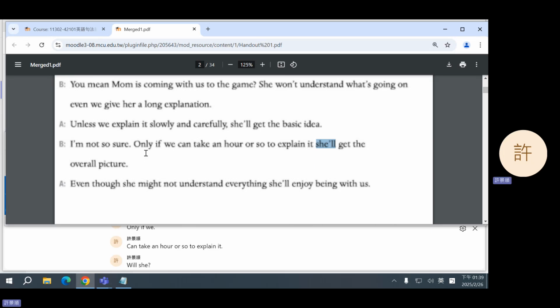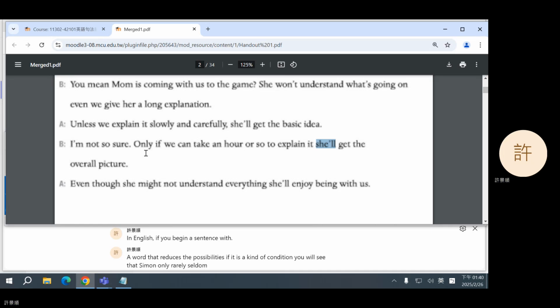In English, if you begin a sentence with a word that reduces the possibilities, if it is a kind of condition, 如果是一道窄门, only, rarely, seldom, these kinds of words, never, right? It reduces the possibilities.